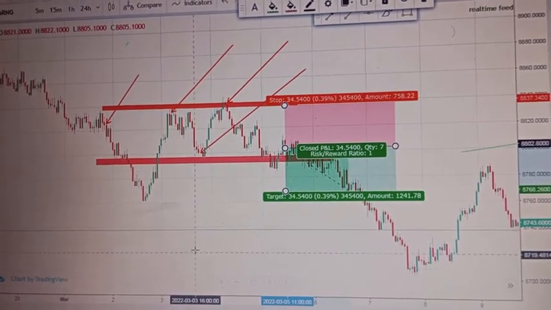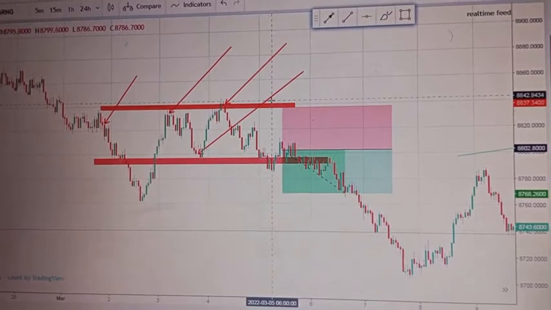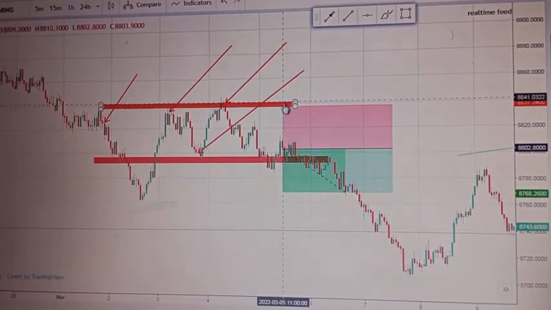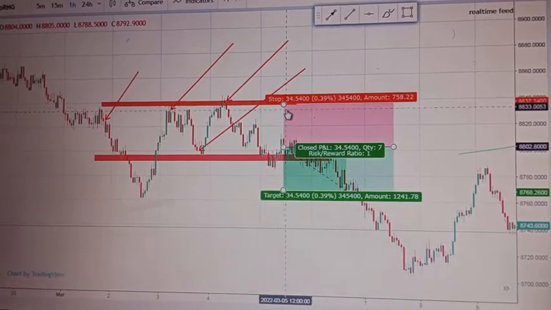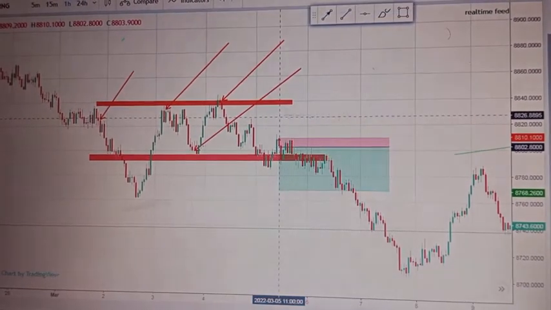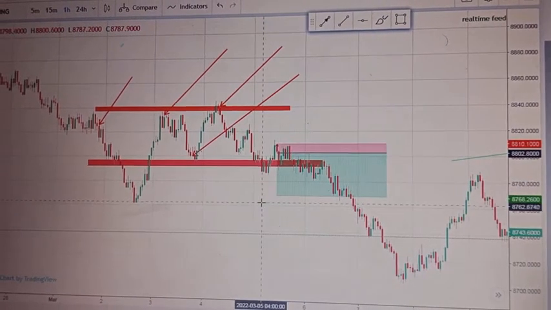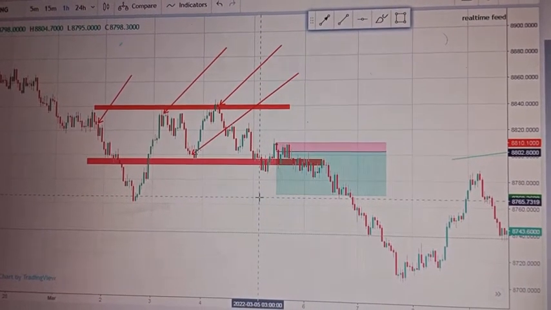Yeah, this is where we are taking our profit again. So this is our estimated profit.